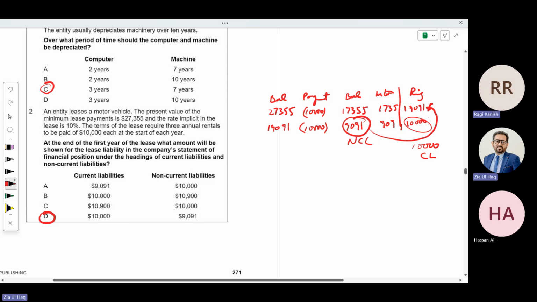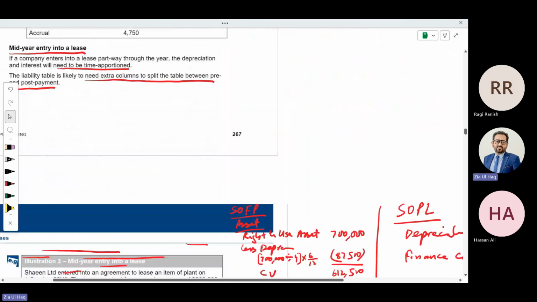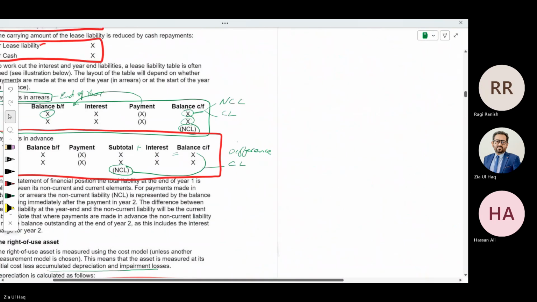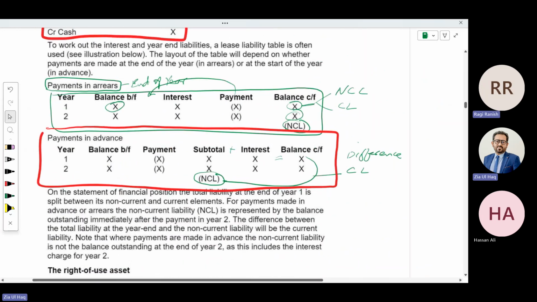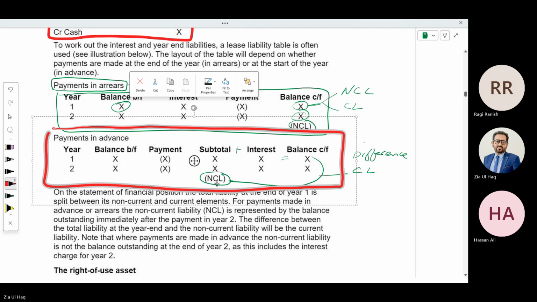Do you want to see why? Because of this. In case of year-end payment, this will be non-current liability.